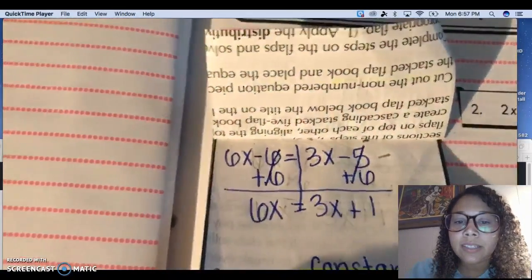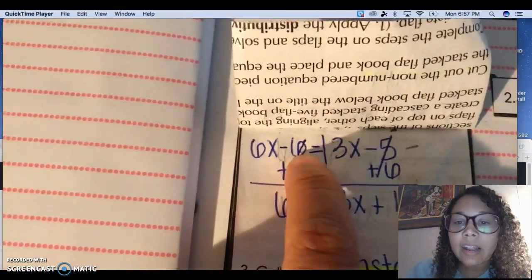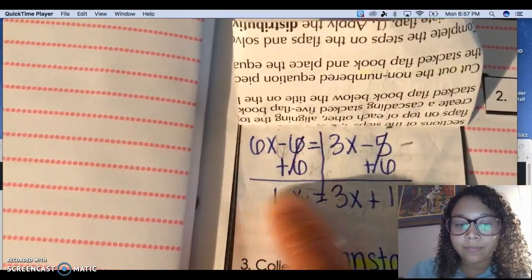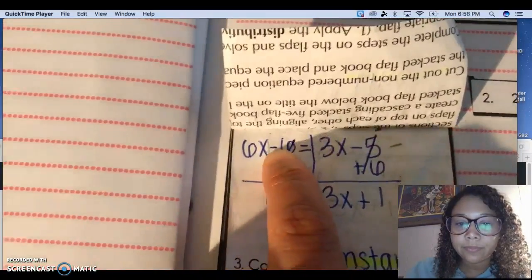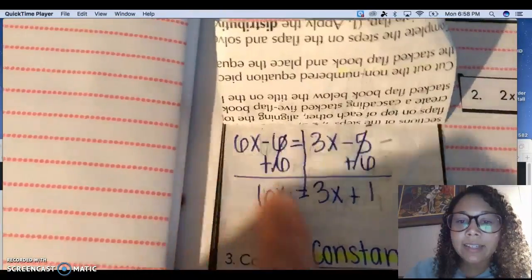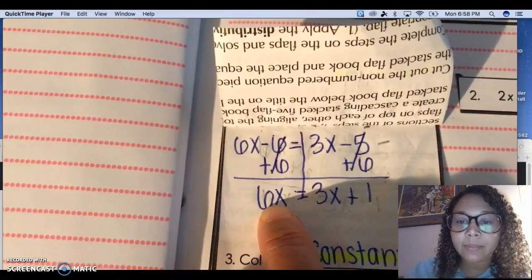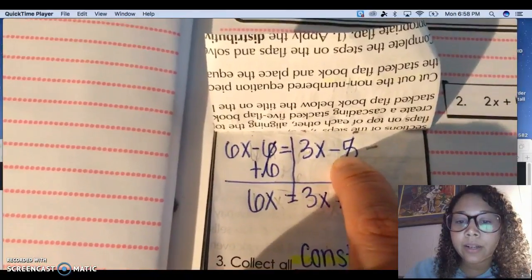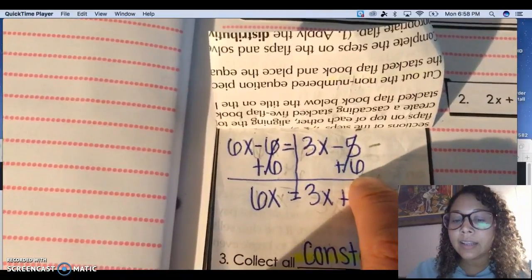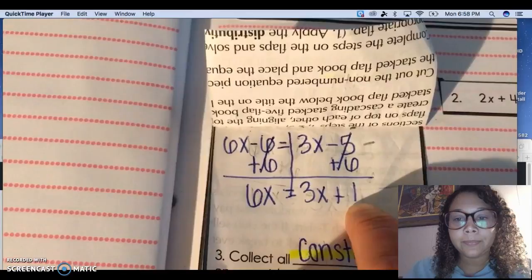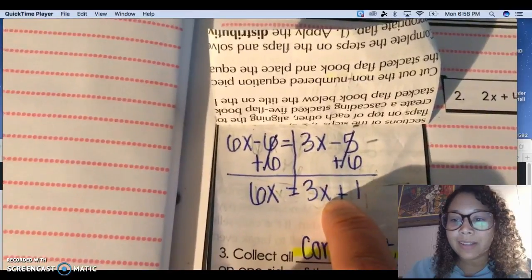So I end up with 6x equal to 3x plus 1. And for 3, you're going to put the word constants there in the blank on that part of the foldable. And then we're about to move on.